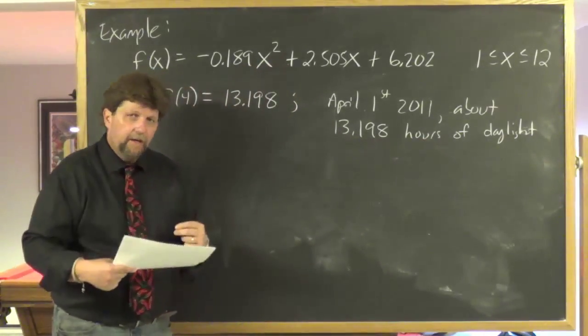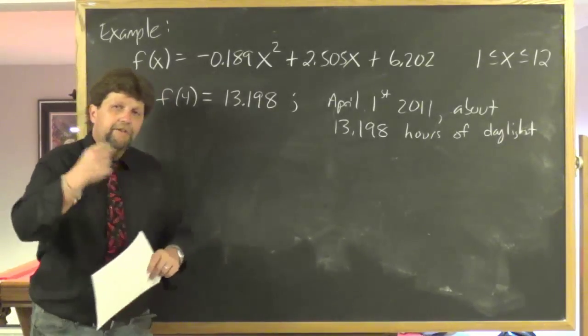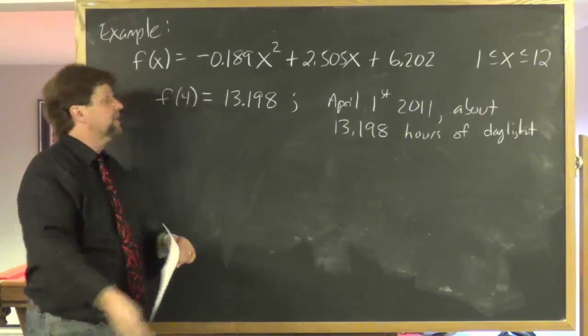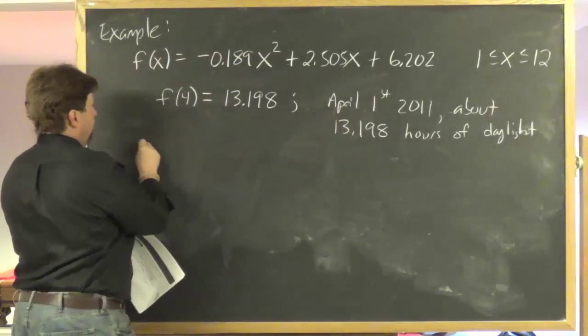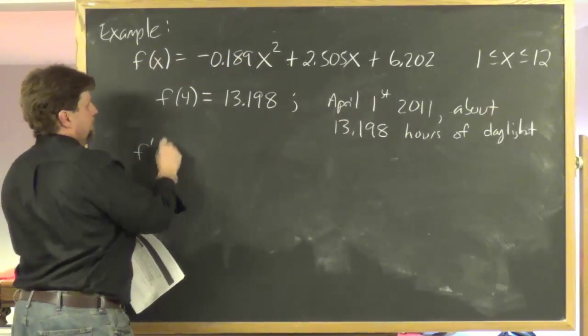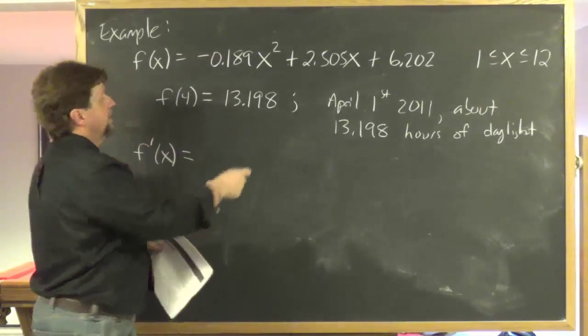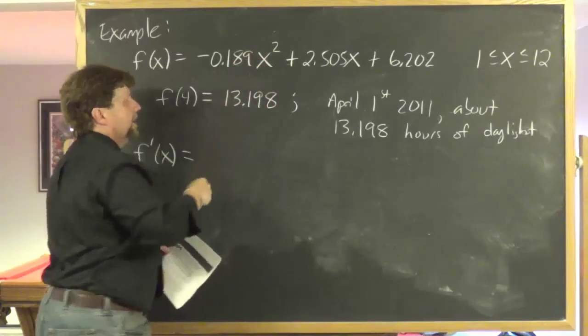Now the second part, we're supposed to compute f prime of 4. Well, I can't do f prime of 4 unless I first determine f prime of x. So here's my function. I'm going to get f prime of x by using the sum and difference rule and do term by term differentiation. So I differentiate the first term. The 2 comes out front.